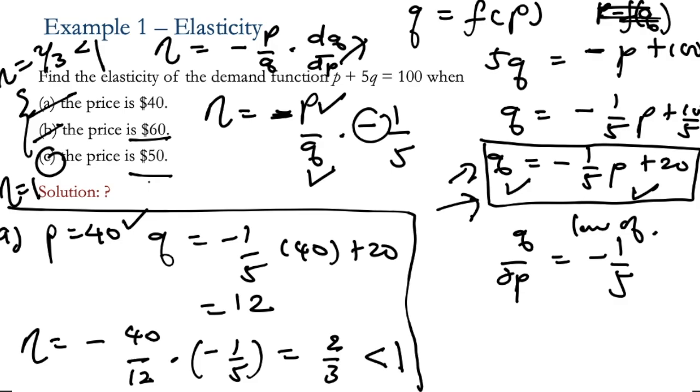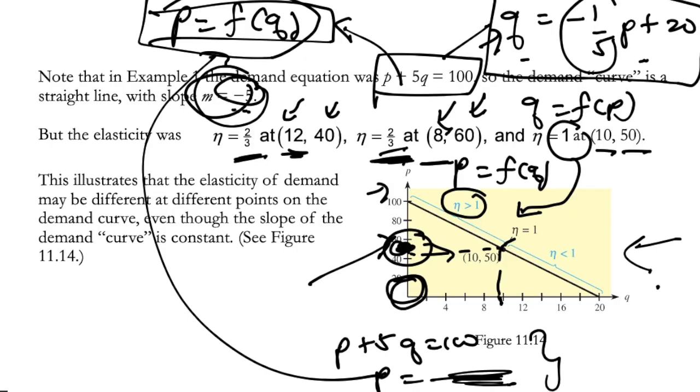That means, wait a minute. So that means any price, let's say you pick 80 or you pick 100, the answer should give you elasticity greater than 1.